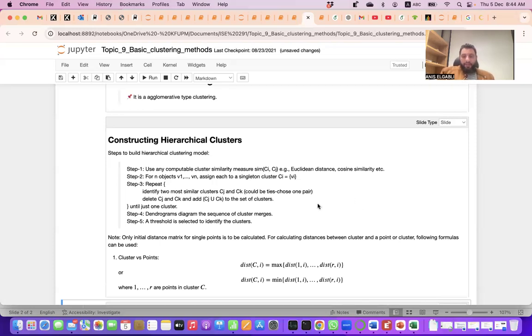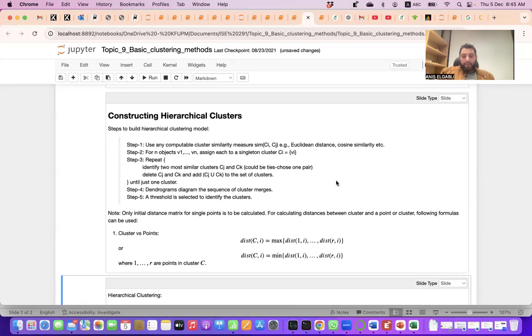What defines the distance between any two clusters, or a node and a cluster? You take the distance between every point here and every point there, and then you aggregate those distances, depending on what you use. You could use the max or the min or the average or whatever.